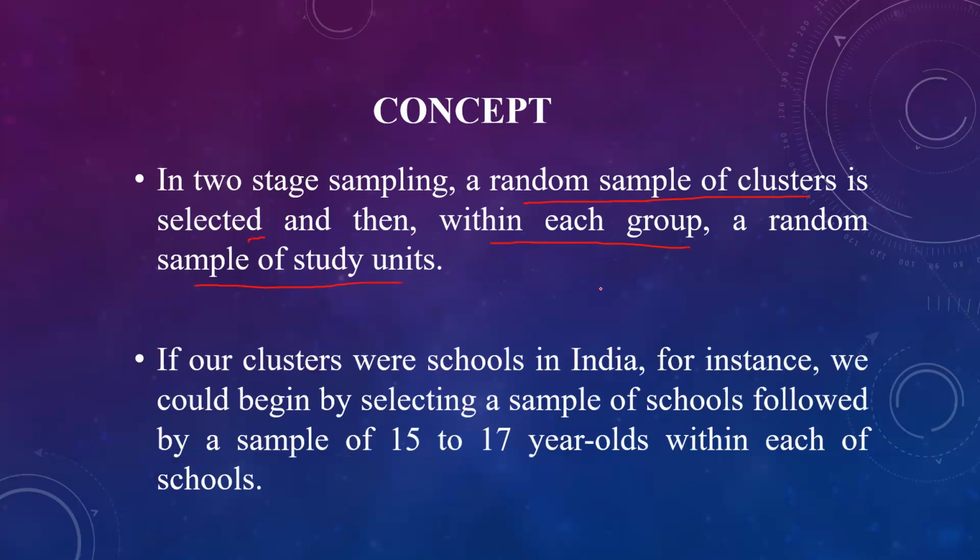For example, if our clusters were schools in India, we could begin by selecting a sample of schools, followed by a sample of 15 to 17 year olds within each of the schools.